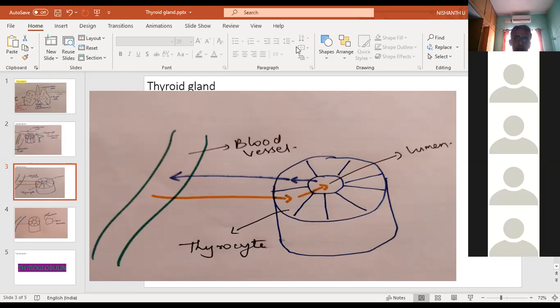And the question is, what problem is there? So why is it complaining like that? Just now I told you that raw materials are required for the synthesis of T3, T4 hormone.